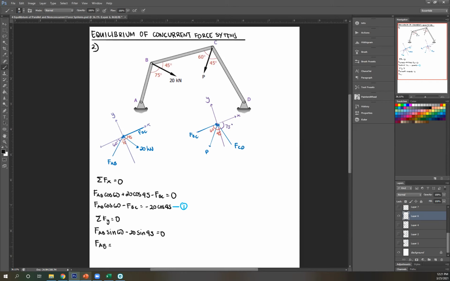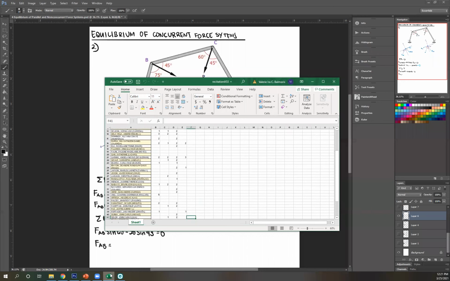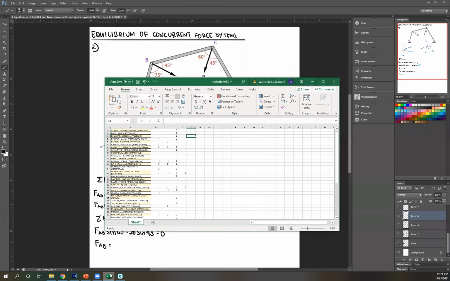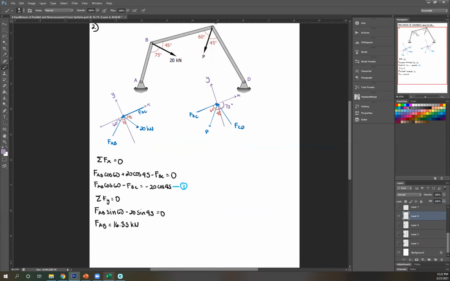So please solve. What's FAB? Correct, John and Johnson. So Relor Bagba. It's 16.33 kilonewton. We're looking for P. So next step would be to store that.